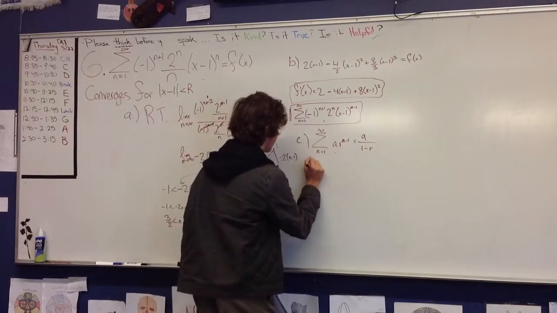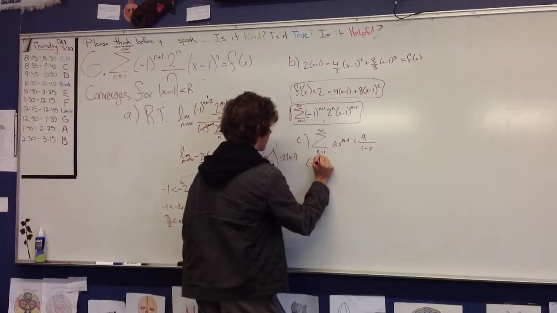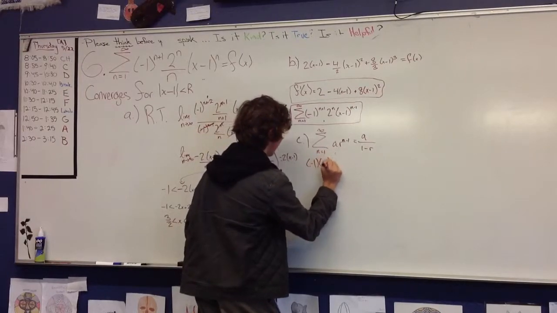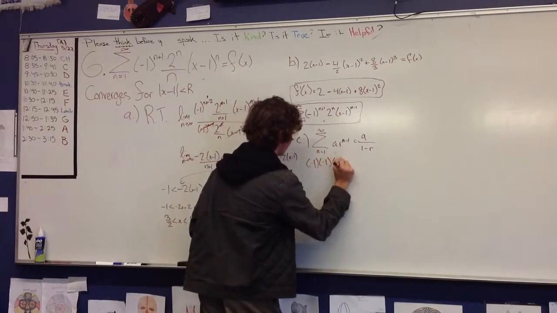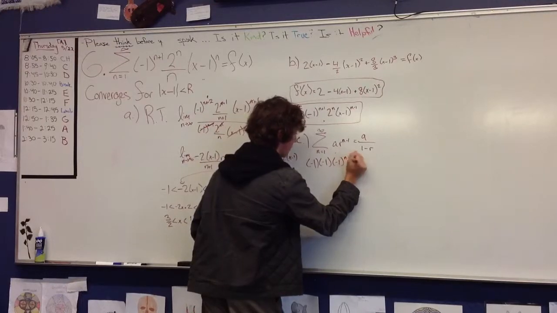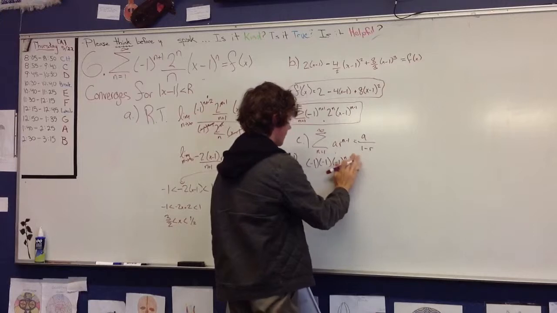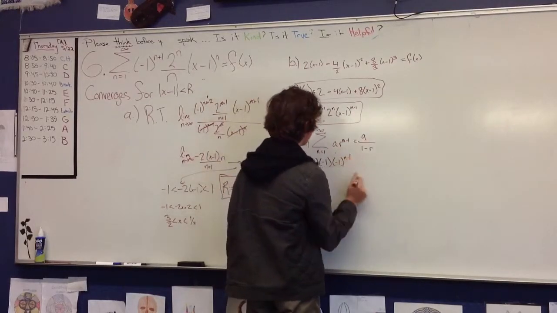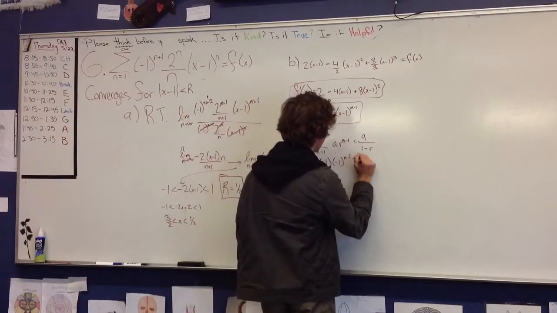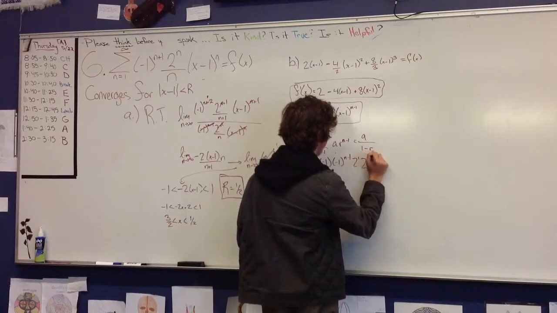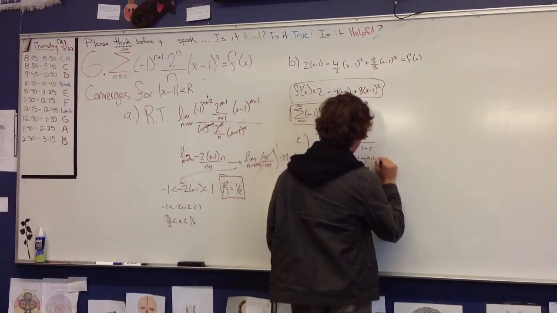So negative 1 times negative 1 to the n minus 2 plus 1, which is just essentially n minus 1, which is the form we wanted, times 2 to the n minus 1, x minus 1 to the n minus 1.